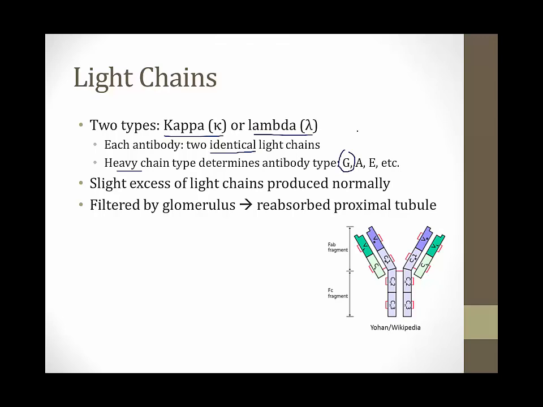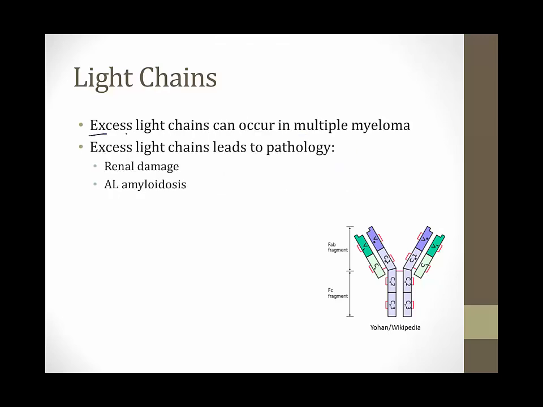Under normal circumstances, plasma cells in the body produce a slight excess of light chains for reasons that are not well understood. These are filtered by the glomerulus and reabsorbed in the proximal tubule where they are broken down. In many cases of multiple myeloma, excess light chains are produced by the malignant plasma cells. And when excess light chains are produced in multiple myeloma, this leads to special pathology that's part of the disorder.